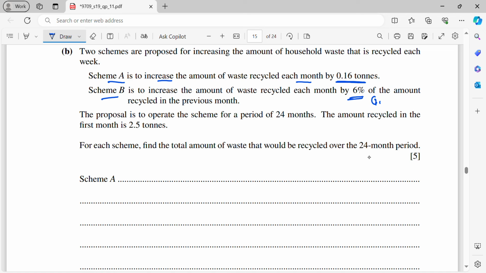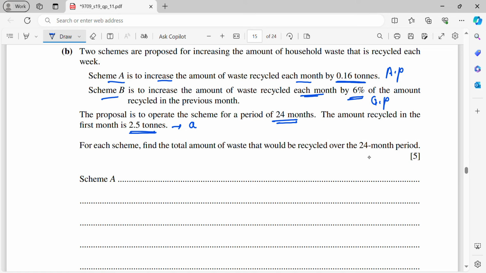So this is geometric progression, because it is by percentage. Now the proposal is to operate the scheme for a period of 24 months. All these are each month. The amount recycled in the first month is 2.5 tons. So this is the A, the first term for both.